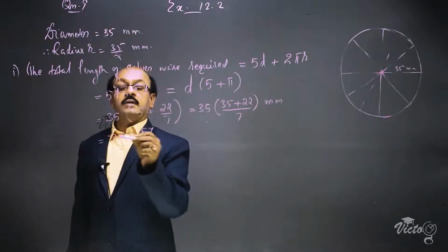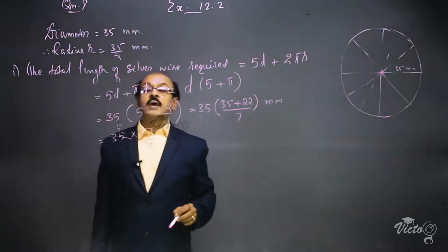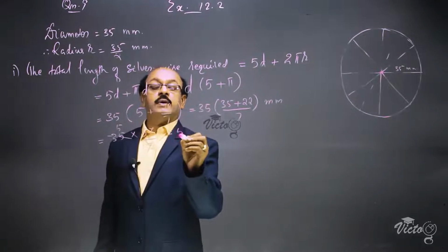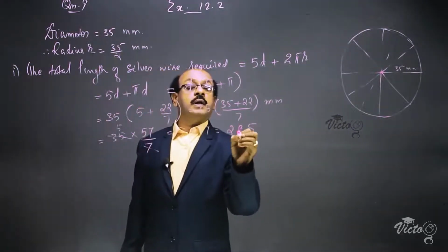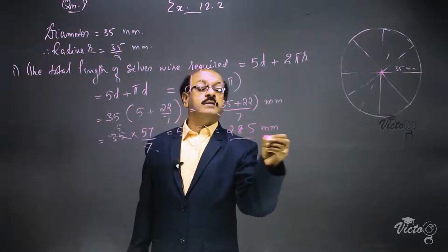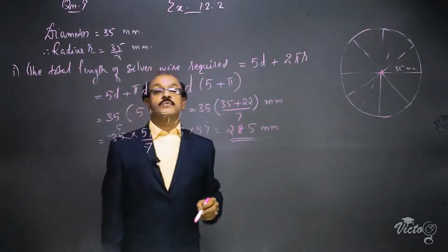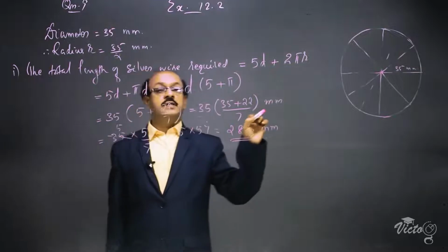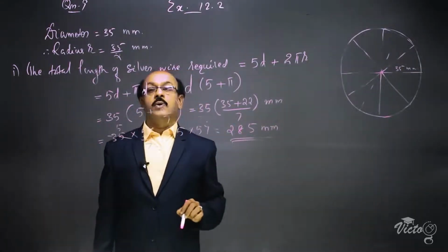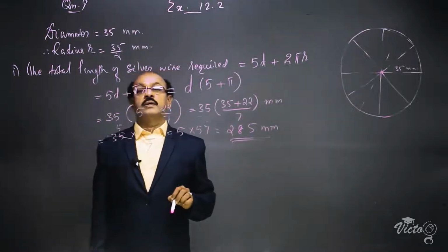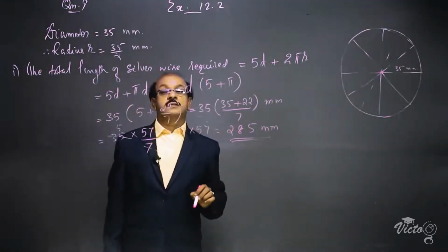This 7 and 35 cancelling gives 5. Then 5 into 57 is equal to 285 millimeter. The total length of the silver wire required to make this brooch is 285 millimeter. First part is over.